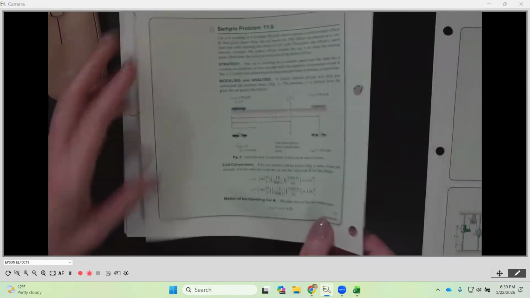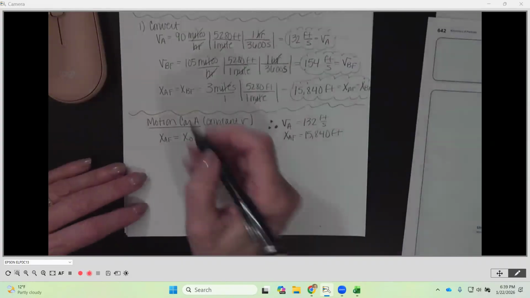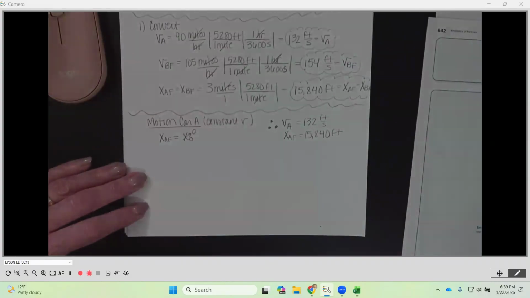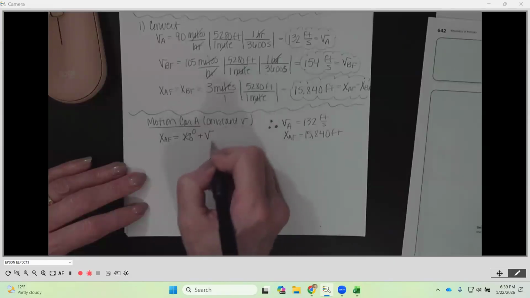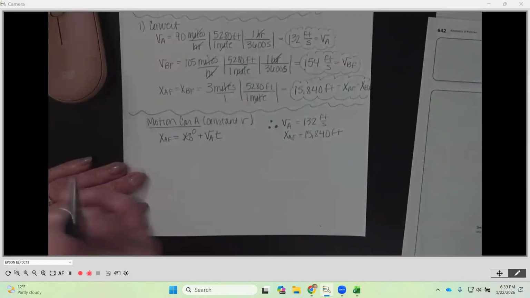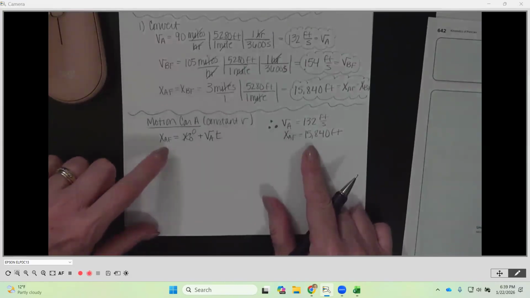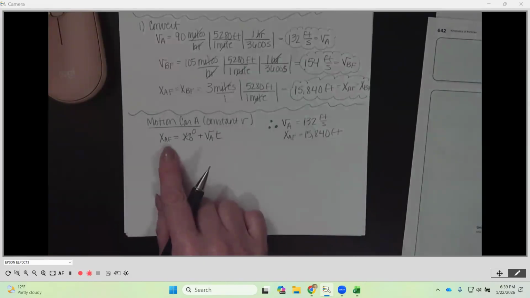When we look at our diagram, the origin is right here, and this is where we're starting. So this is going to go to 0. That's where we're analyzing the problem. Everything is starting there. Plus our velocity of A times the time. Since we want to find the time that it takes for our car to get to that 3-mile mark when the police officer catches up to it, we're going to put the 15,840 here.